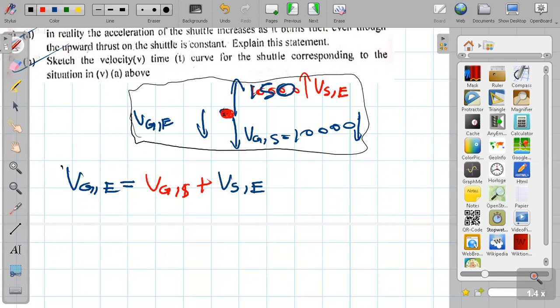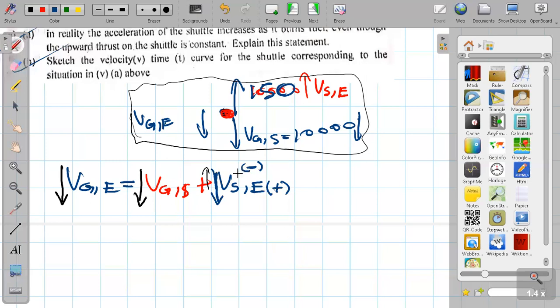Now this is how I want to do it. Gas relative to earth is downwards, gas relative to shuttle is downwards, but this one is technically upward. You know that we can't apply something in two directions, so I have to change the direction to downwards. That means a negative sign appeared here because of the inversion of the arrow. This one is positive because I didn't change anything.